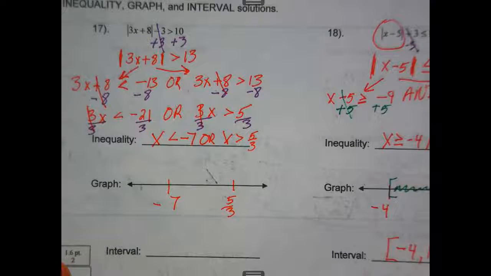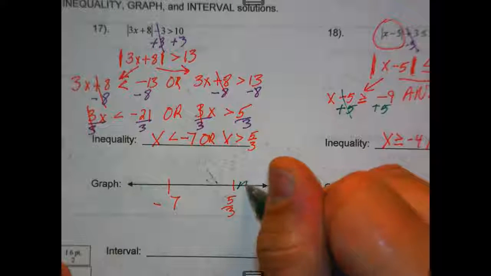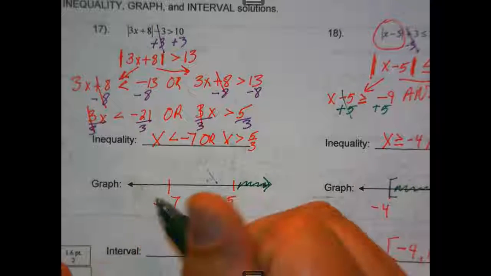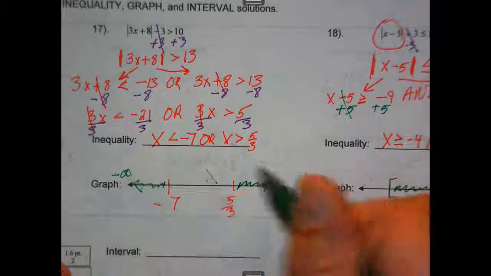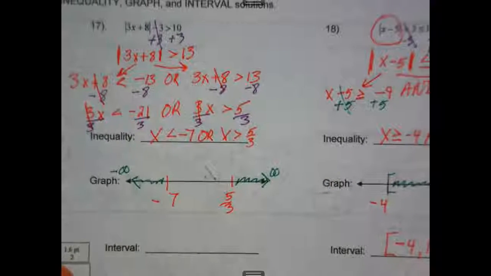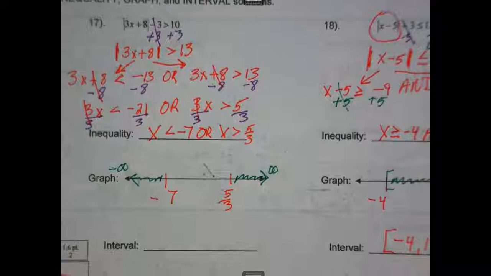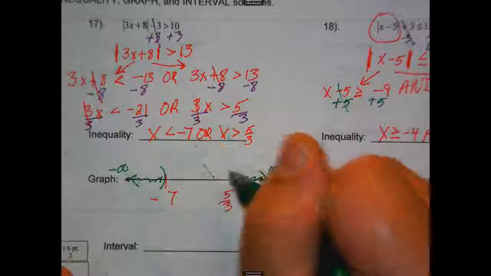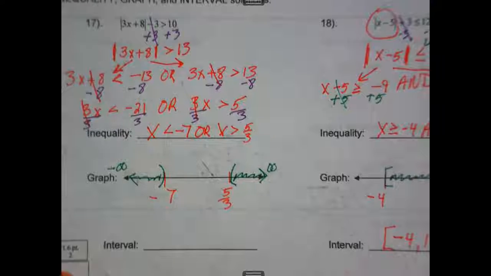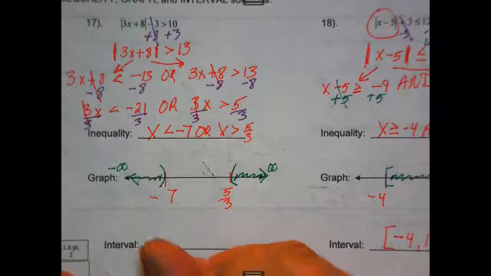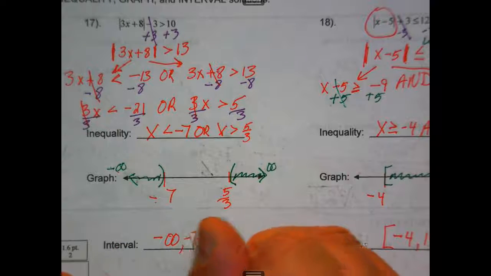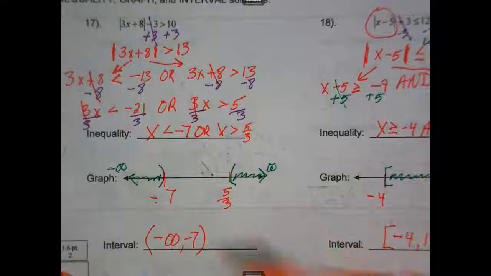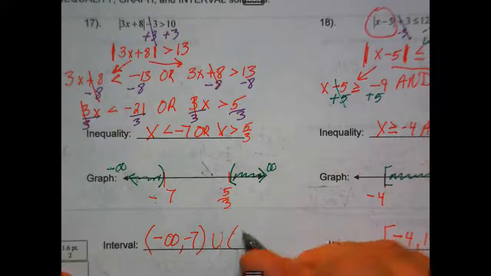This is an or problem, so I'm going to be shading away, away, far, far away. I highly suggest putting the infinite signs there so you don't screw it up. Parentheses or brackets, because no equal sign. And my interval notation. Negative infinity, comma, negative 7, parentheses. Infinities always get parentheses. 5/3.